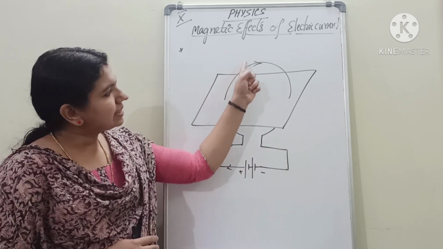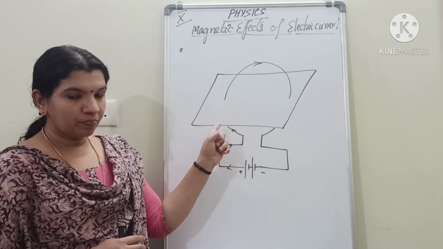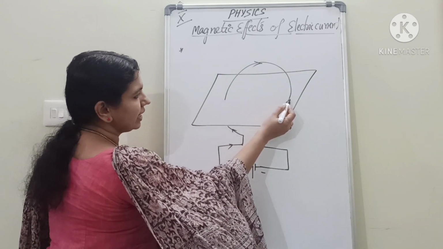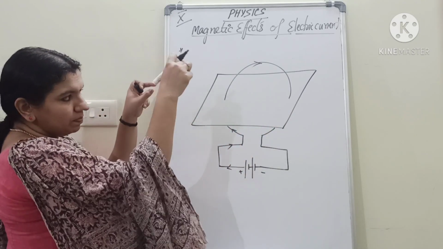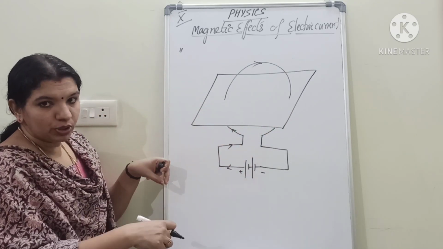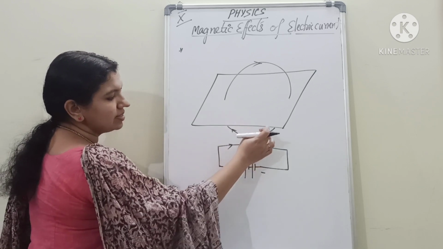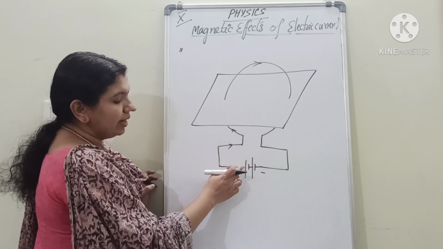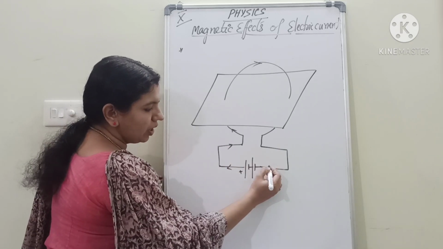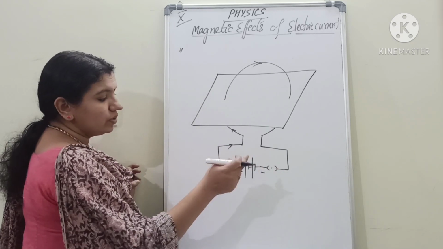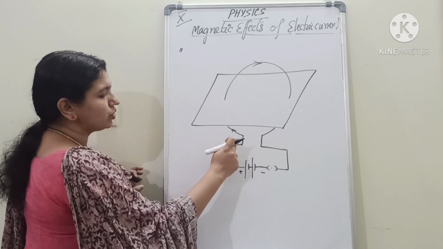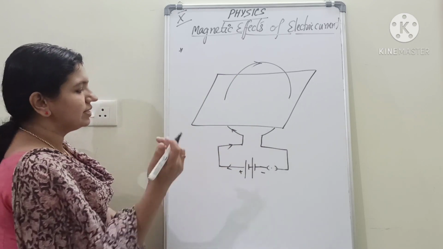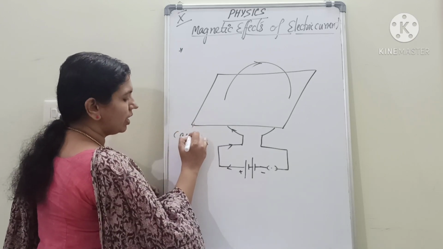Making two holes on it, you can pass the circular loop through it. Then the two ends of the loop are connected to a battery. Understood? Then you can place a key also, so that when you switch it on, current starts to move through this circular loop.